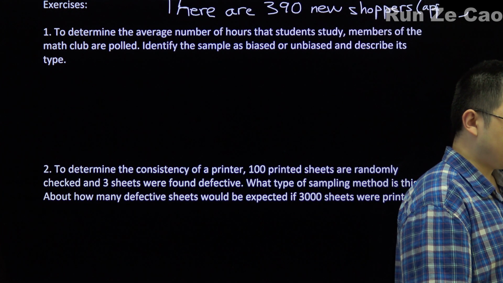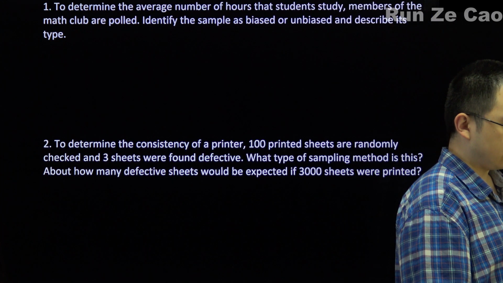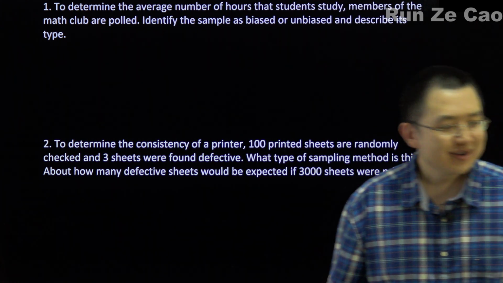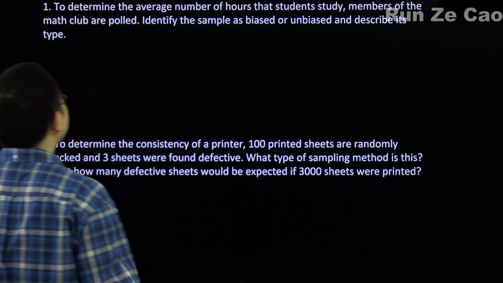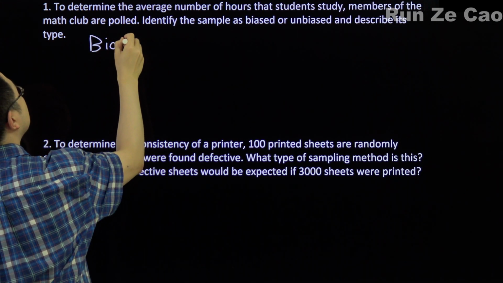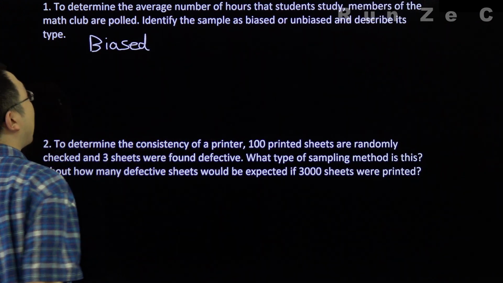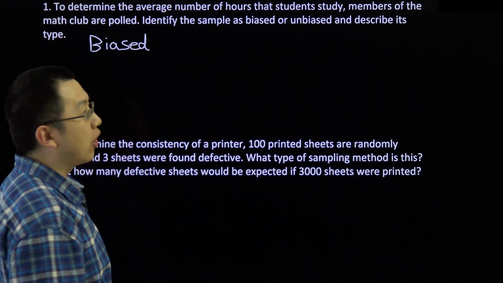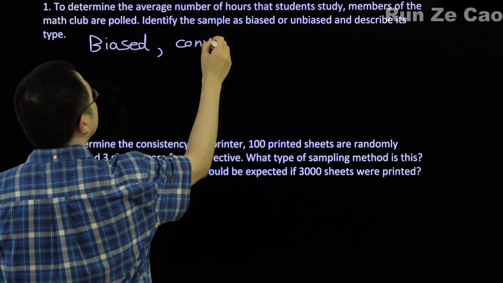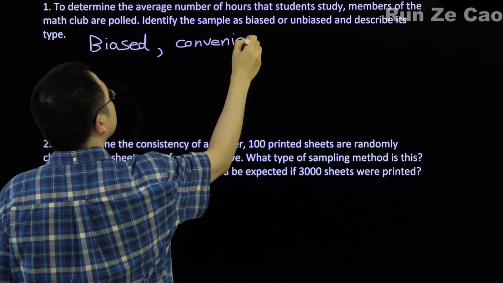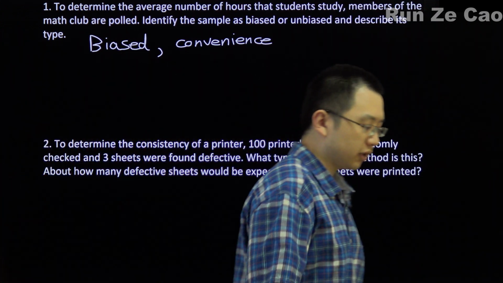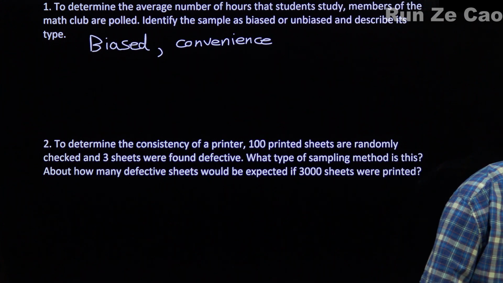Exercises. To determine the average number of hours that students study, members of the math club are polled. No. This is biased because the math club members are likely to study rather more than average. And it's a convenience sample, because they only sampled one particular group that was convenient to access.